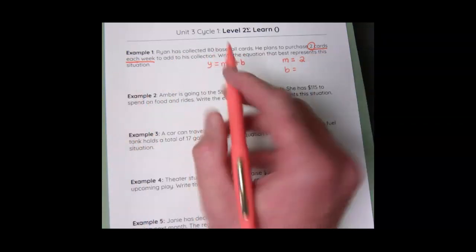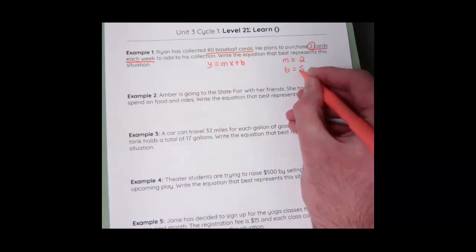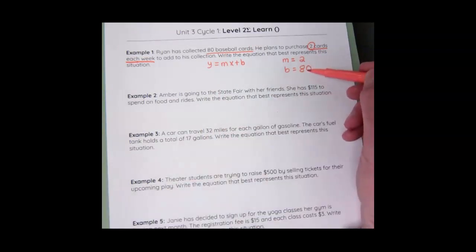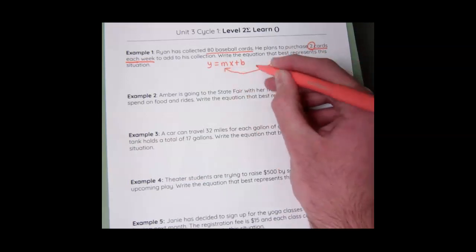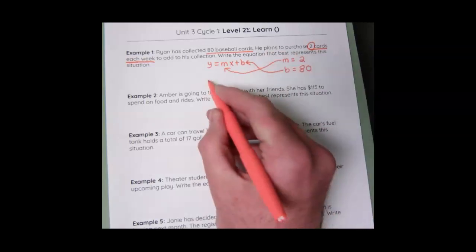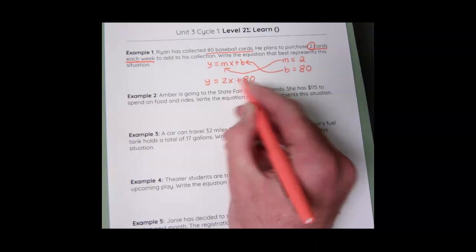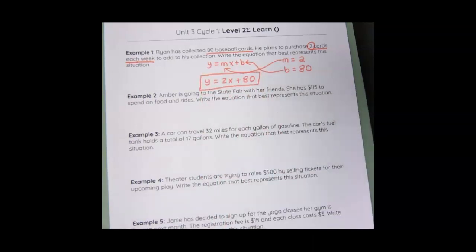So this is what he started with, 80 baseball cards. So the y-intercept is 80. So we know our slope, and we know our y-intercept. So now what we do is just plug these in right here. So I would get y equals 2x plus 80. That's how you do example 1.